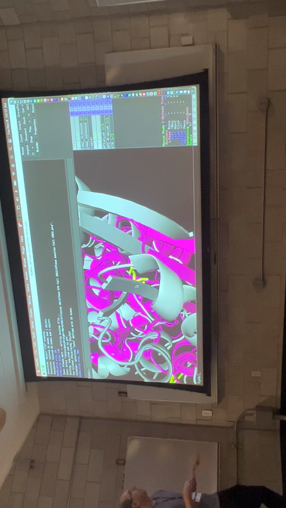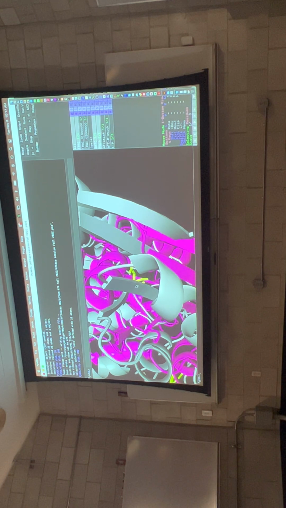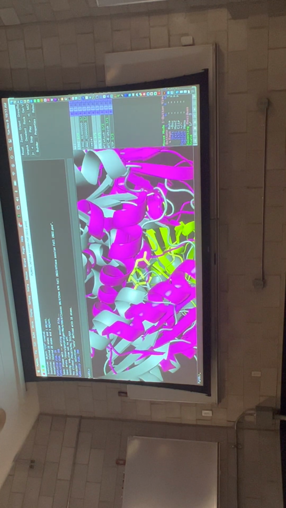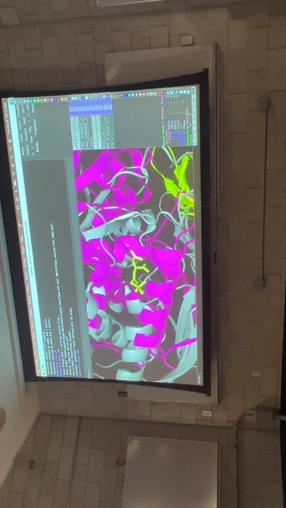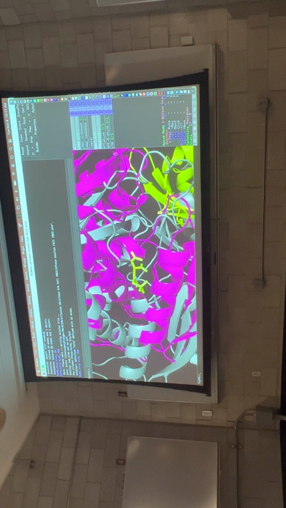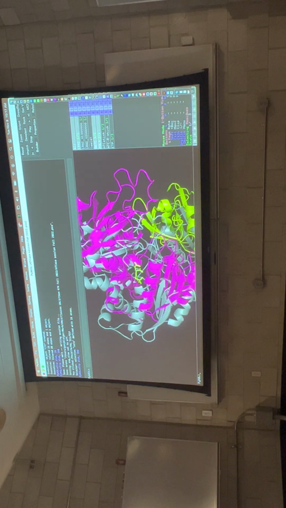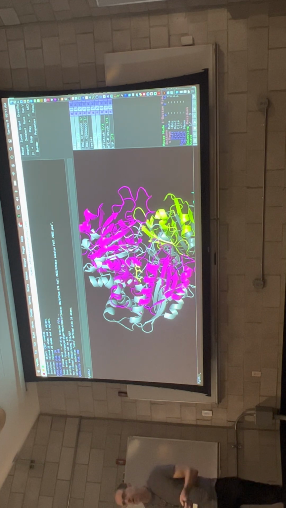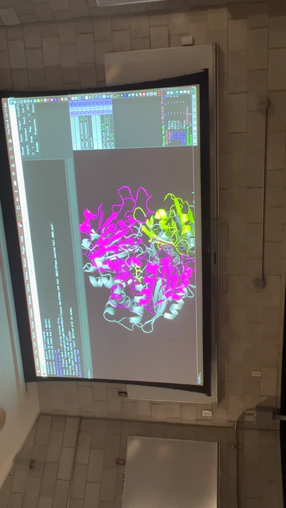And so I need to try to make it a little easier on us to figure out what the binding looks like. But the first thing I just want to show you guys is, the first thing I did when I looked at these structures is I asked myself, how is this thing even going to get into the active site, right? Where is the opening of the active site? We've discussed that kind of a lot, right?